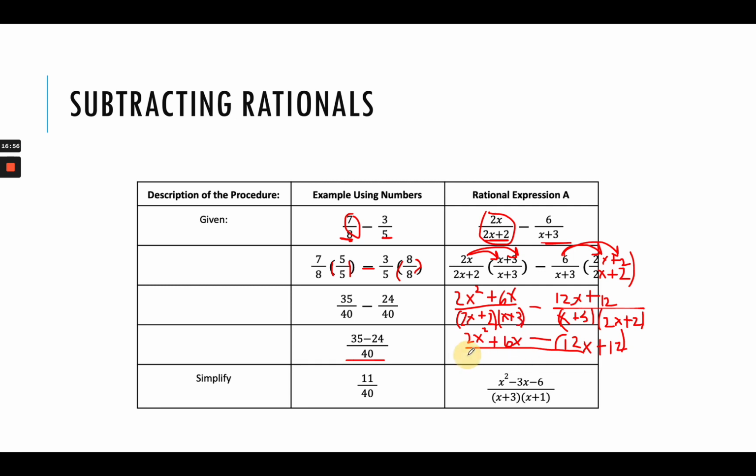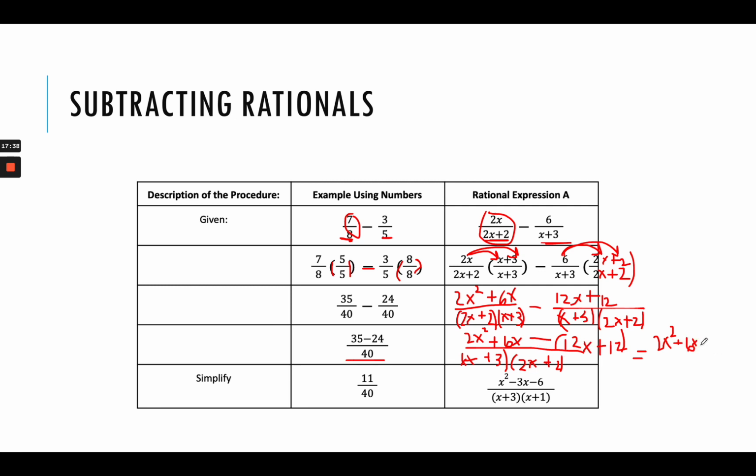Okay, hold on. So we get x plus 3 times 2x plus 2. Okay? Okay. So I'm going to write off to the side for a second. When we distribute that negative, we end up with 2x squared plus 6x.